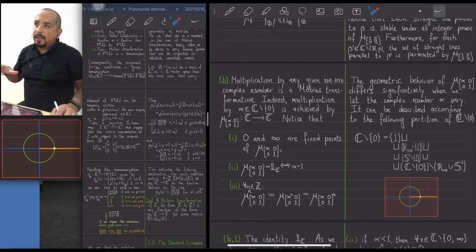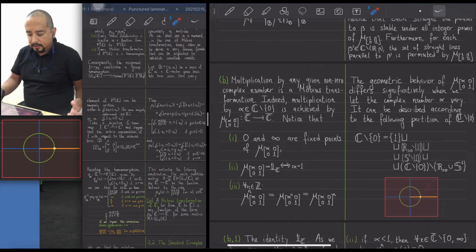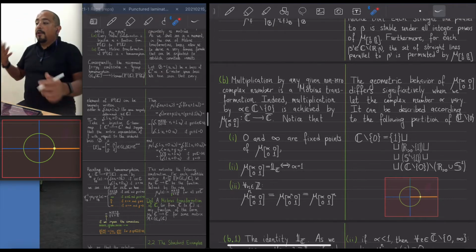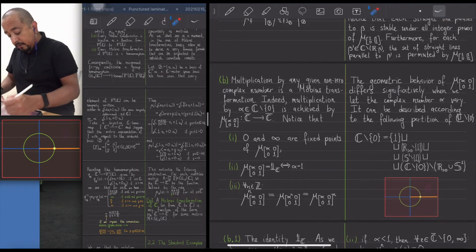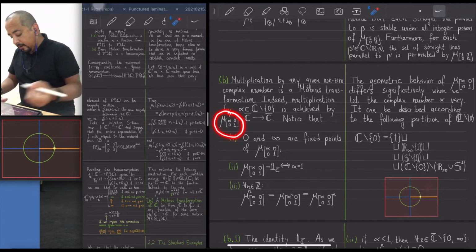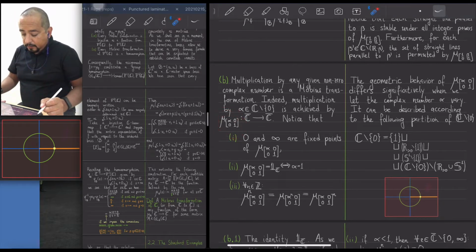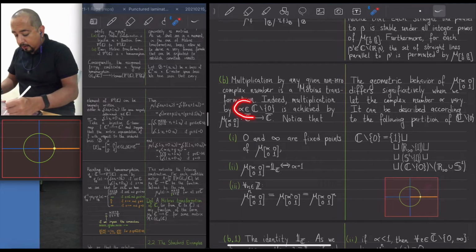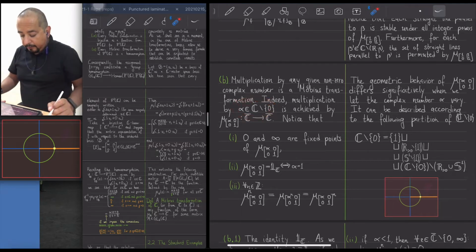It doesn't give you much choice about the behavior at infinity: you have to fix infinity, and it fixes 0 as well. How is it a Möbius transformation? To see it, we have to realize it as the Möbius transformation associated to a square matrix. That's rather easy. So multiplication by any non-zero alpha is a Möbius transformation.